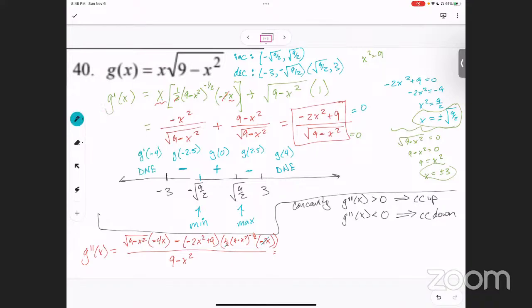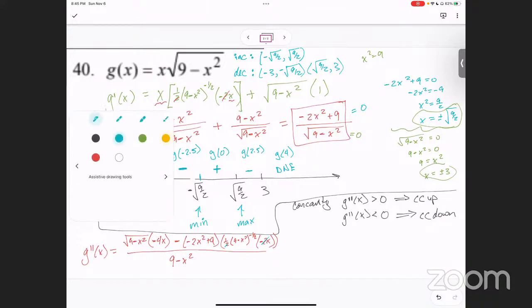So that 2 is going to cancel with that 2. Actually, what we could just do is multiply everything by the square root of 9 minus x squared. Remember this trick? I think that would be the easier thing to do.